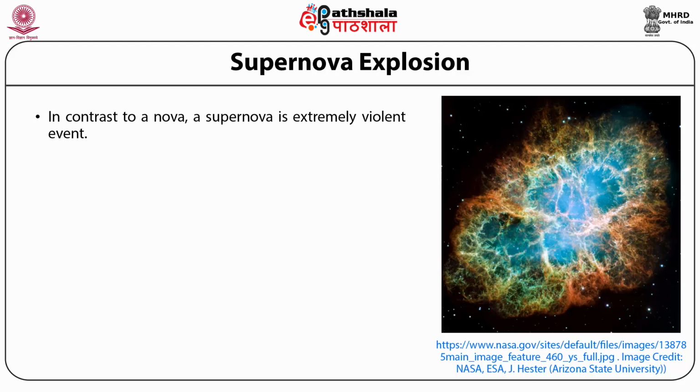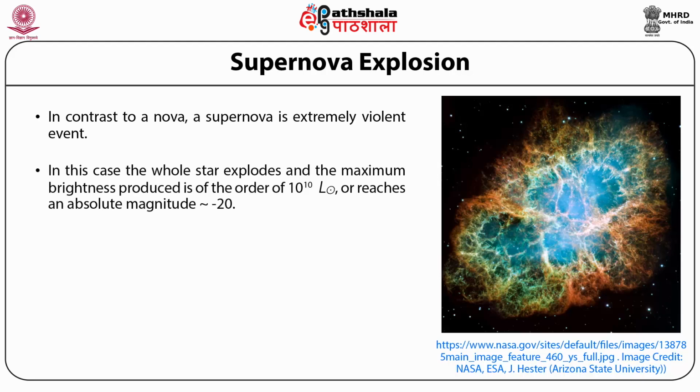A supernova leaves behind a remnant which may be a neutron star or a black hole. In comparison, a nova is a gentle affair involving only a fraction of the energy of a supernova. A nova does not destroy the whole object and so can erupt again and again.